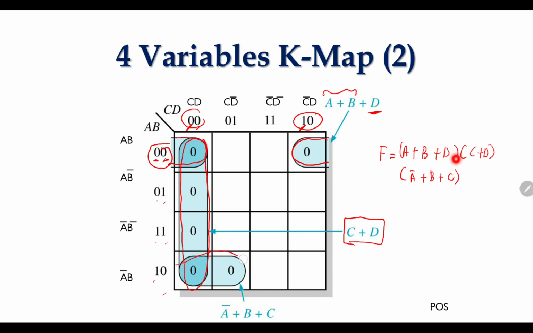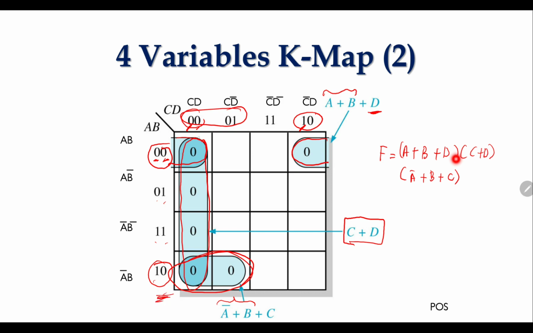Now we go to group number 3. So you read this one and this one. A bar B doesn't change state, only have one A, one B. So you read A bar B for this side.